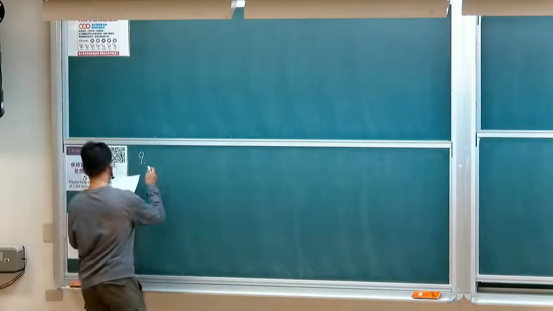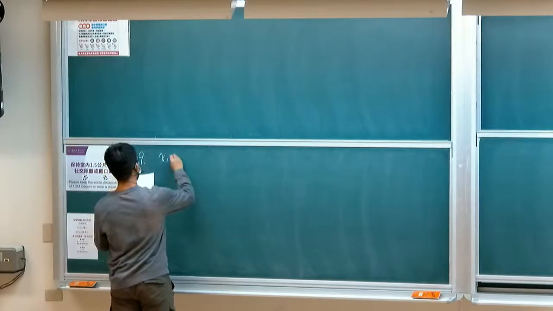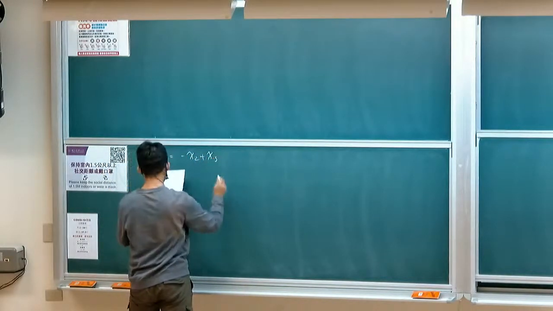Okay, first, from the definition of U, we have x1 equal to minus x2 plus x3.